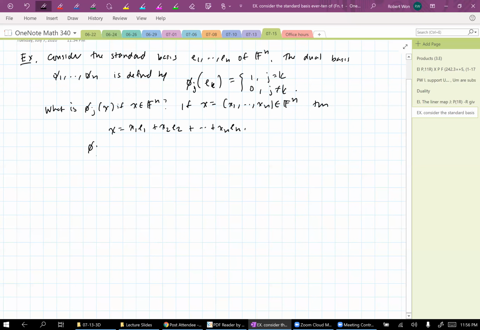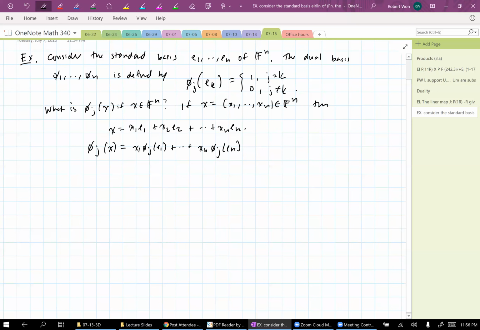What does phi j do to x? You apply it to this right-hand side, break it up over the sum, and pull out the scalars because it's linear. So this becomes x1 phi j e1 up through xn phi j en.